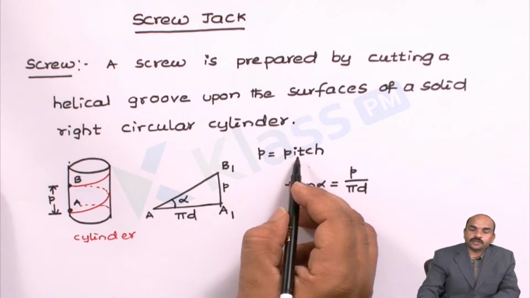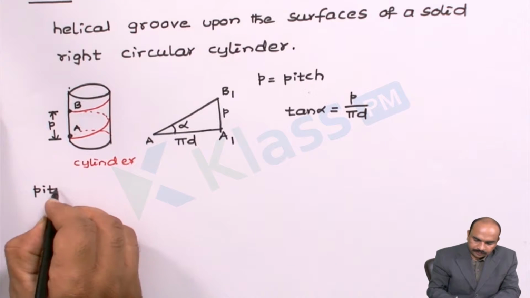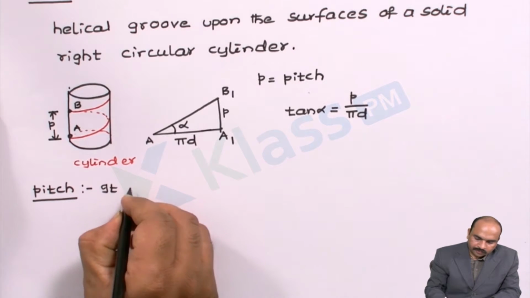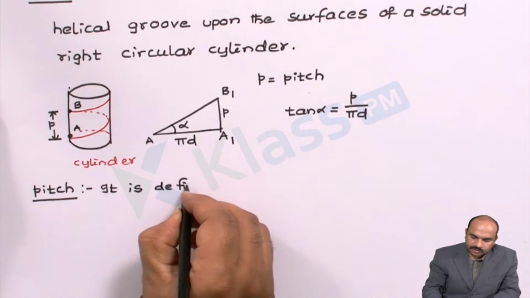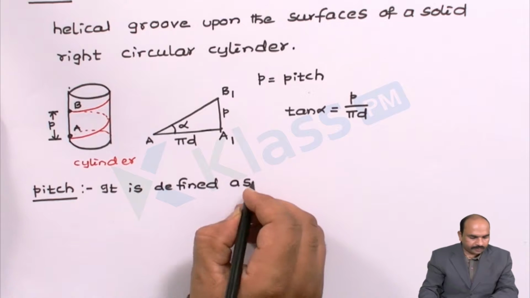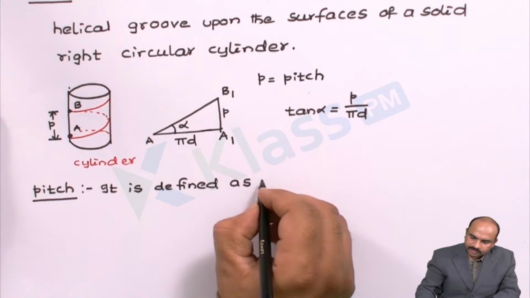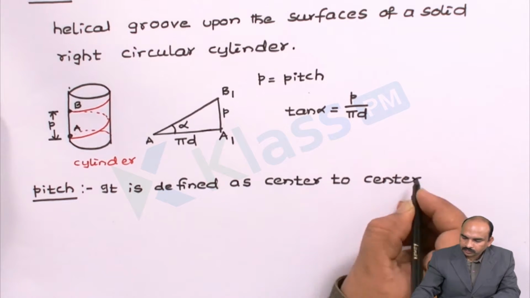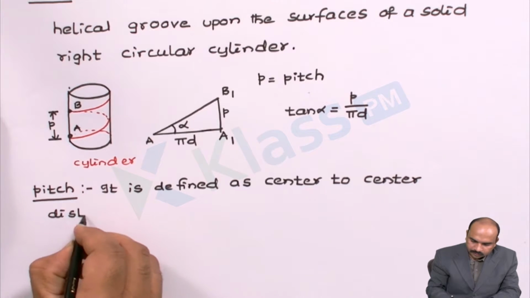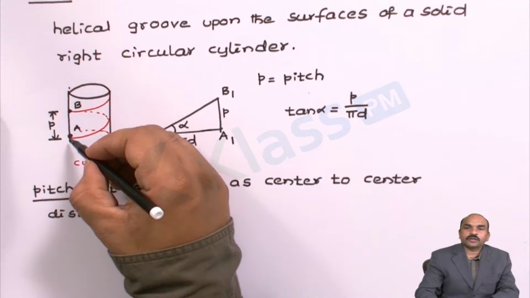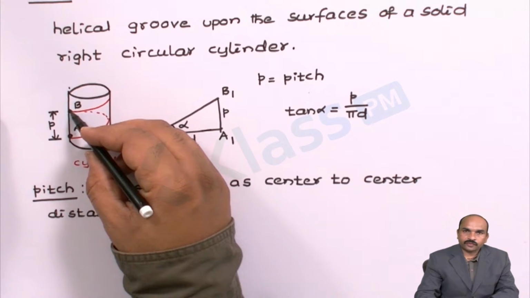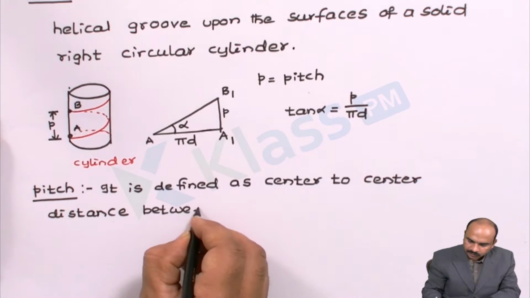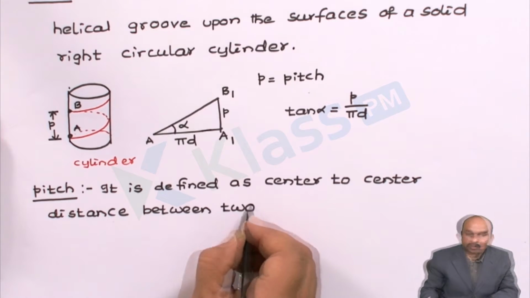Now let us see what pitch is. Let us define pitch here. It is defined as the center to center distance, meaning the center of here to the center of this point, between two consecutive threads.